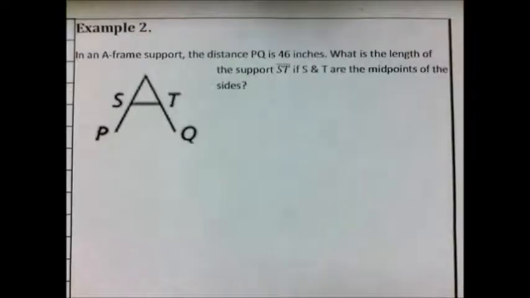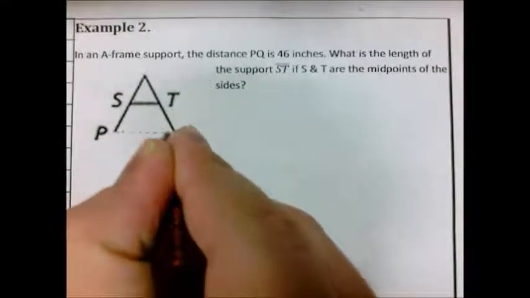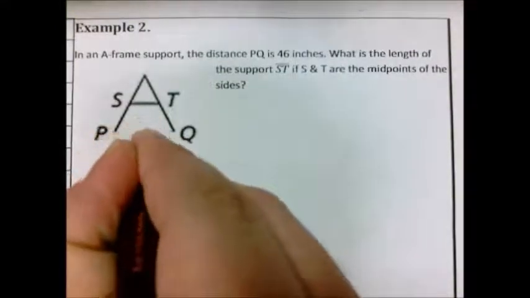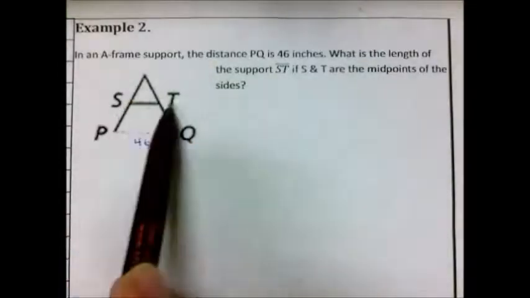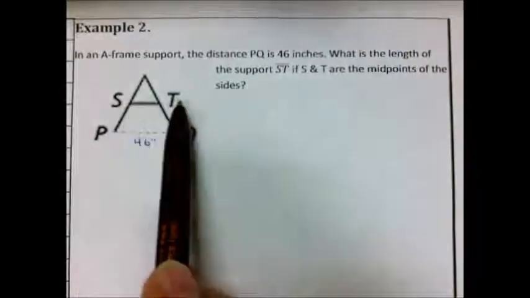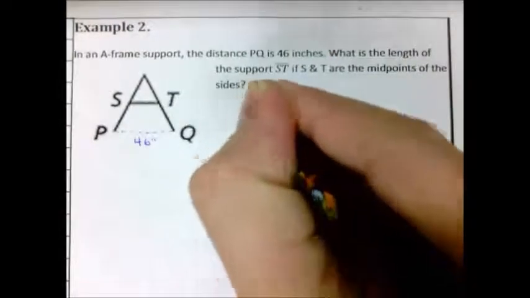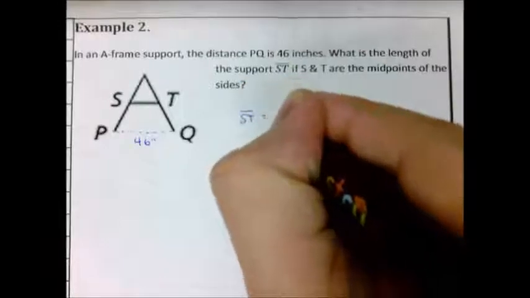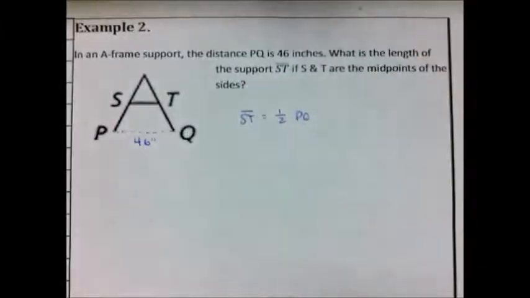Example 2 says that in an A-frame support, that's something you'll often see in a building or a house, the distance PQ, so that's this distance right through here, is 46 inches. What is the length of the support ST if S and T are the midpoints of the sides? So we know that ST is going to be equal to half of PQ based on the triangle midsegment theorem.